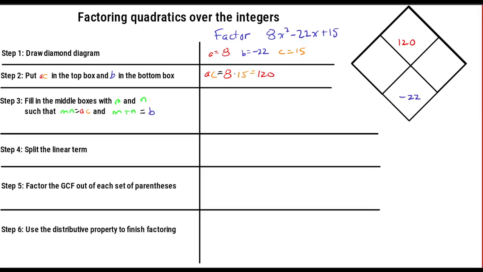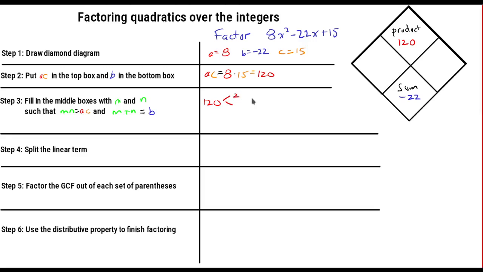That's step 2. And so step 3, we want to factor 120 as a product of two numbers, m and n, that add up to negative 22. We want the sum to be negative 22 and the product to be 120. So let's factor this 120. There are a few ways to factor this.